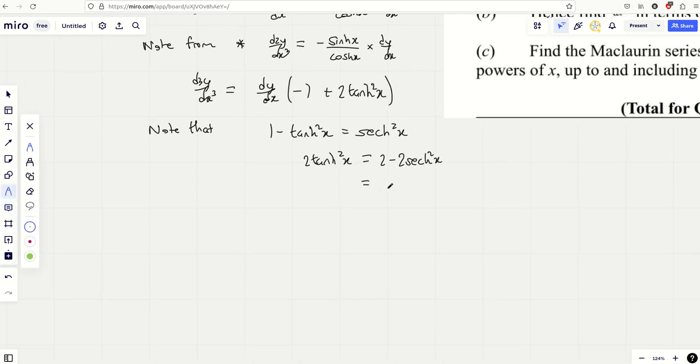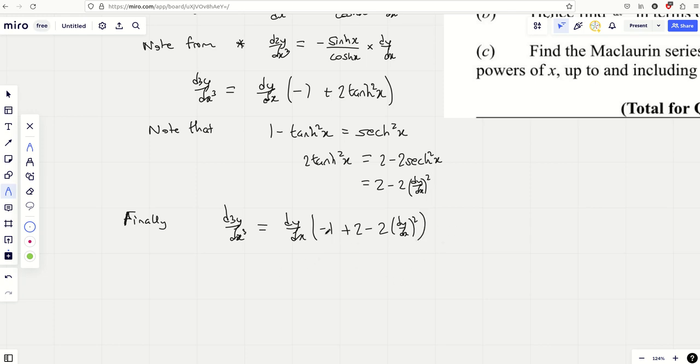Let's put it like this: 2 minus 2 dy by dx all squared. And so, finally, we can say d3y by dx cubed equals dy by dx times, okay, we're going to have minus 1 plus 2 minus 2 dy by dx all squared.